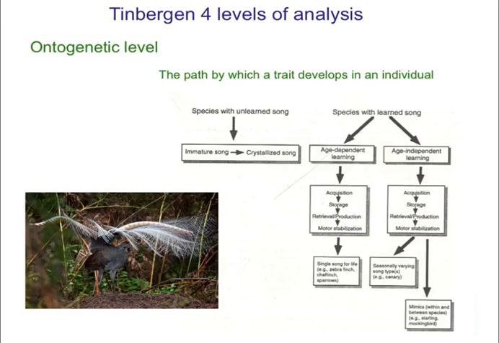If it's seasonal bird learning, there are some birds that only learn in the mating season or right before it. But then there are birds like the lyrebird that are age independent and time independent. They can learn new songs anytime, and they can learn all sorts of new things. They're mimics, and that's why, from an ontogenetic level, you can explain why lyrebirds sing the way that they do.